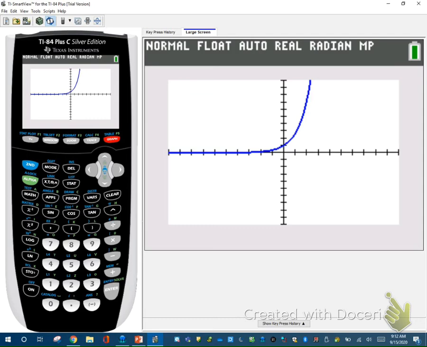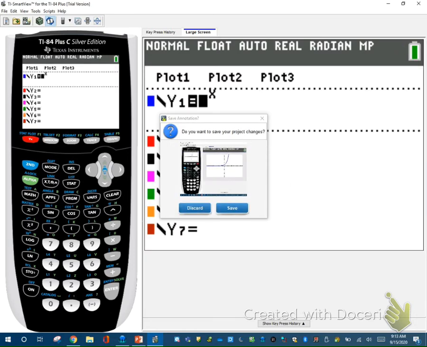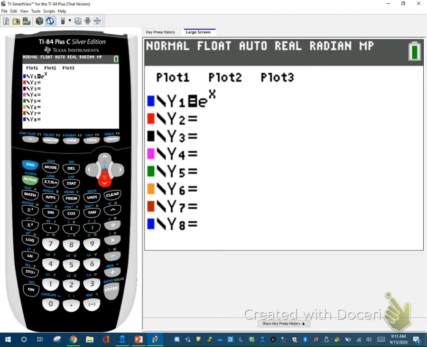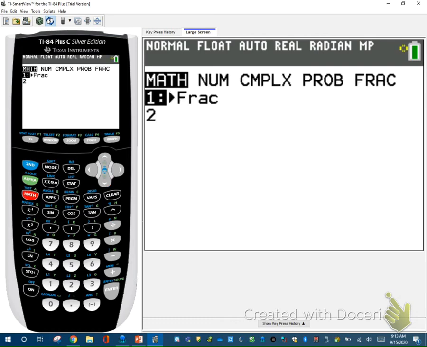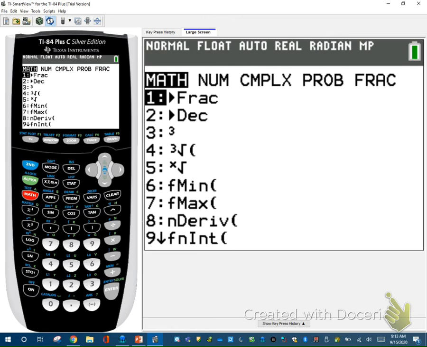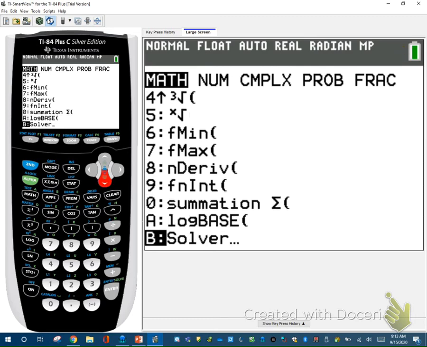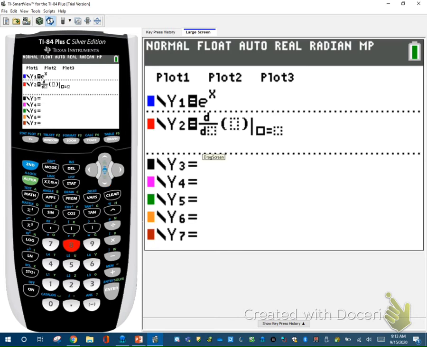You haven't really learned this yet, but to graph this derivative, I use a function called nDeriv. It's under the Math menu, option 8, nDeriv, that's the derivative. Depending on the version of the calculator that you have, this could look different.